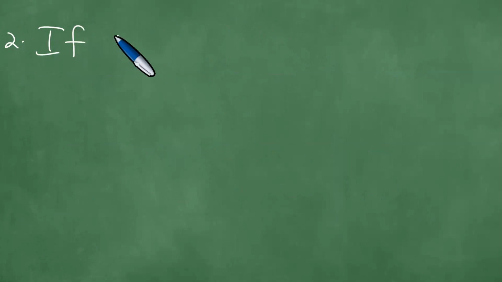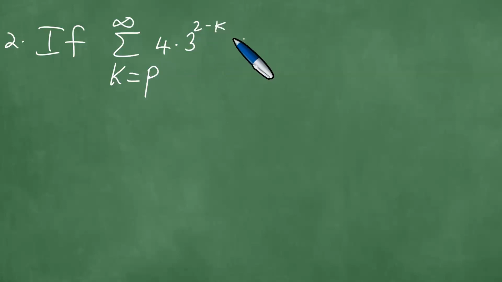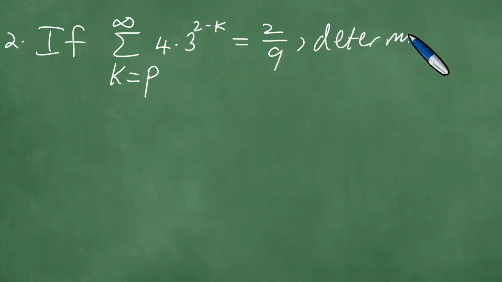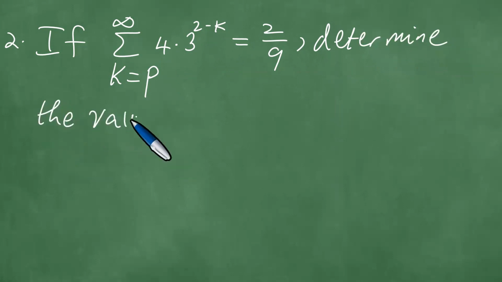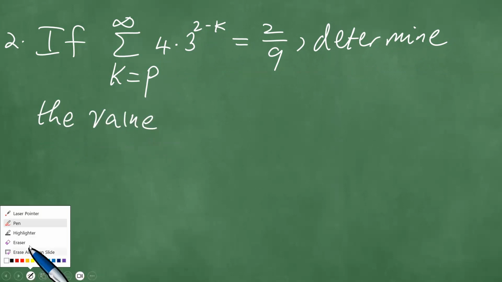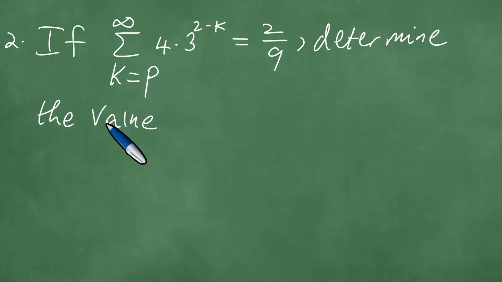If this infinite series, k equals p, 4 times 3 to the power 2 minus k, equals 2 over 9, determine the value of p.